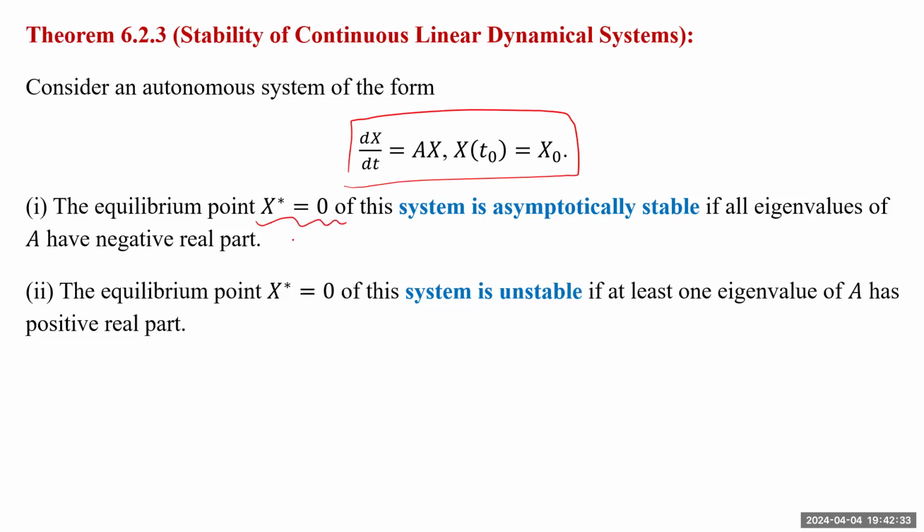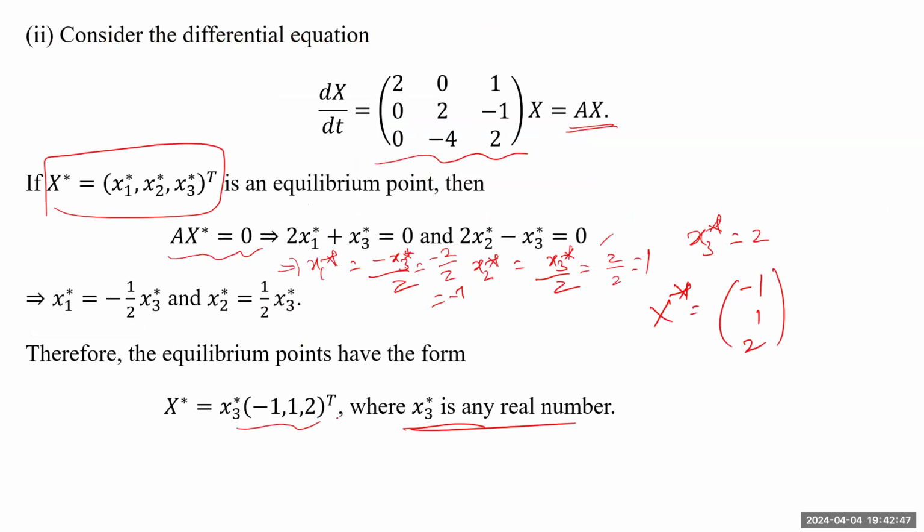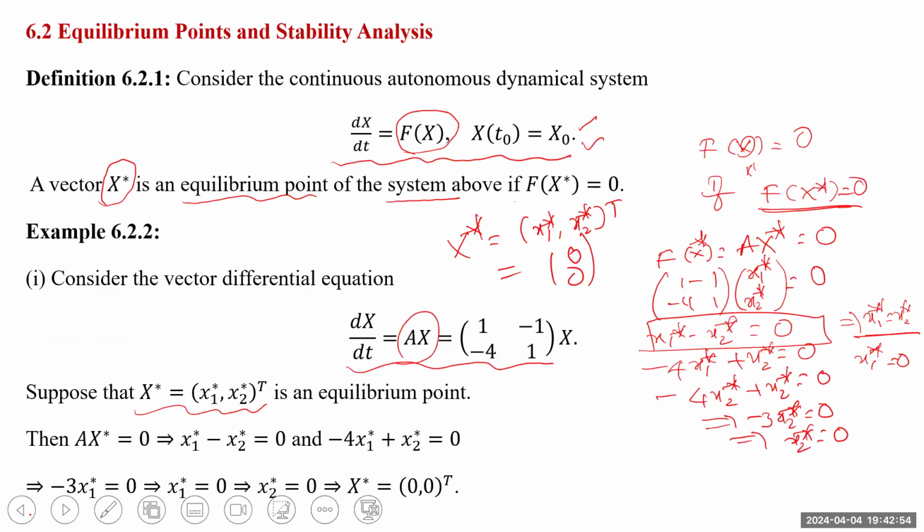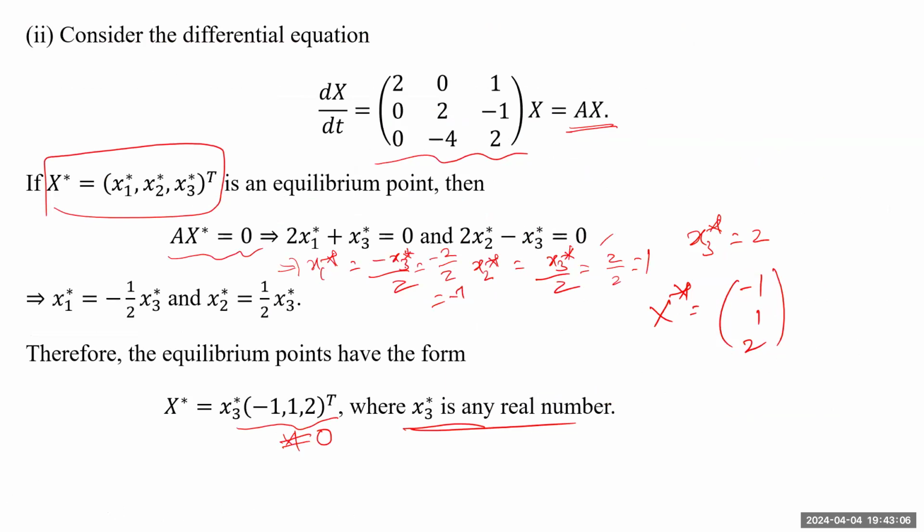Why am I taking x star equal to 0, when in the previous example it was not equal to 0? In the earlier example it is 0, but in this equation it is non-zero.